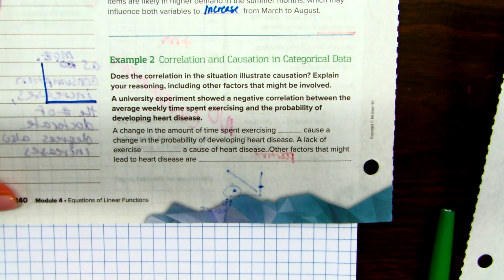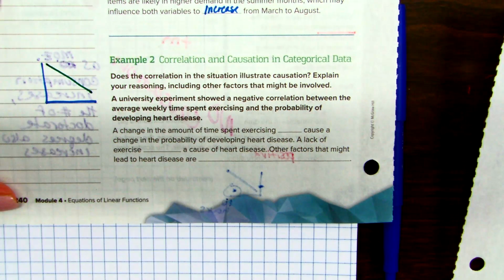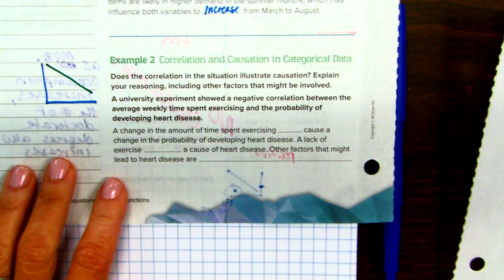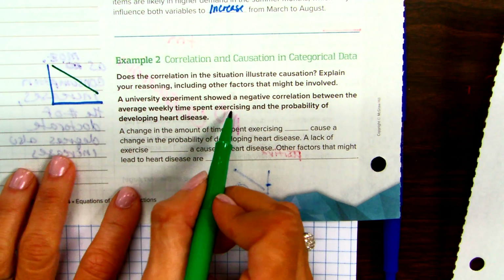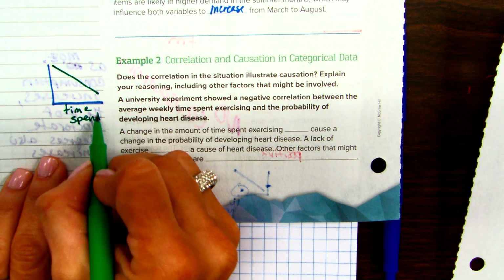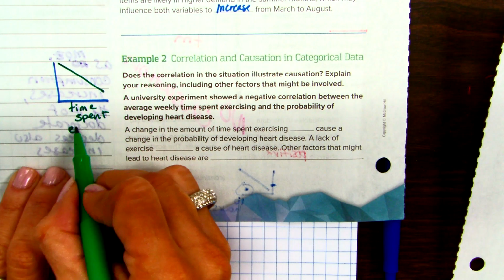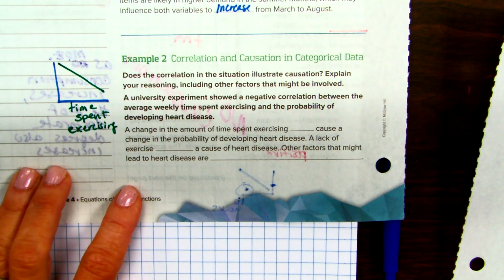You guys, we learned yesterday what a negative correlation looks like. It's like that, right? You'd have your data points looking somehow showing negative, okay? And what is it again? Time spent exercising. How do I know that's the X? Because it came first in the sentence.